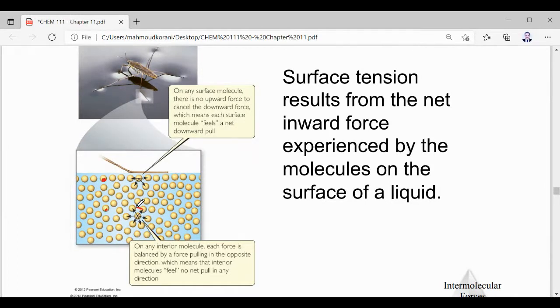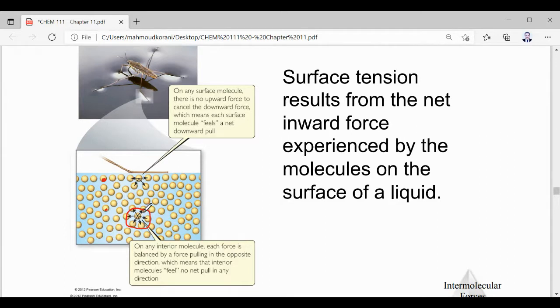The net force affecting it equals 0, because if it is pulled in this direction, it is cancelled by the other one, and if pulled in that direction, it is cancelled by the other. So the net force on the bulk molecules is 0.